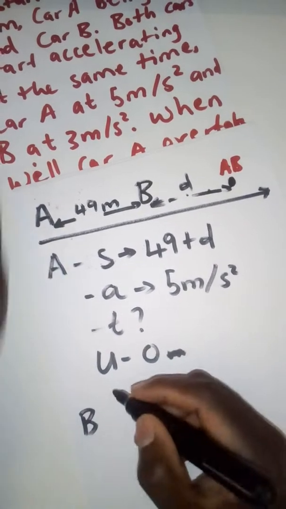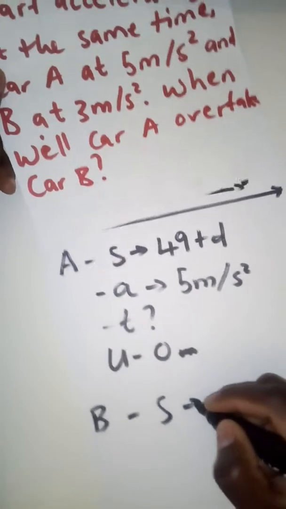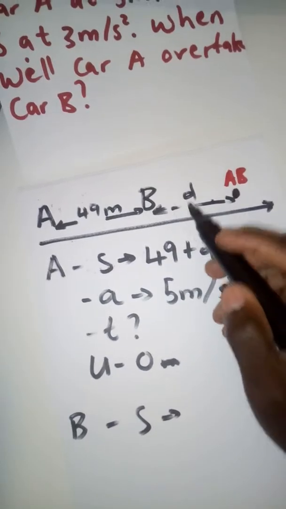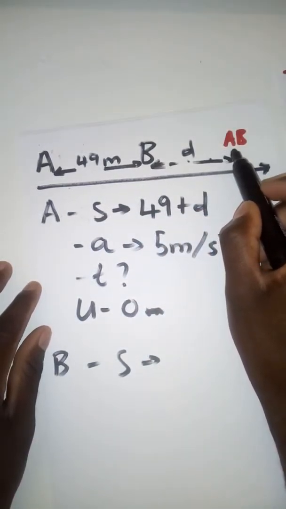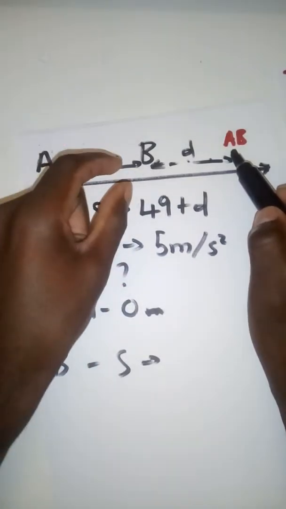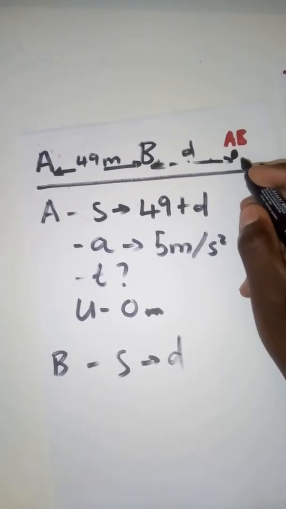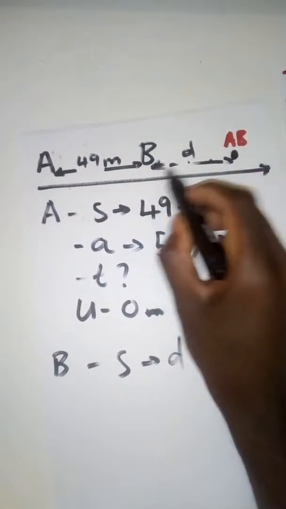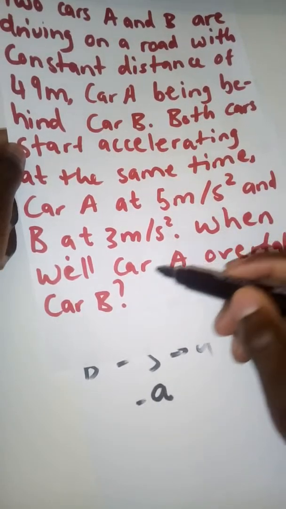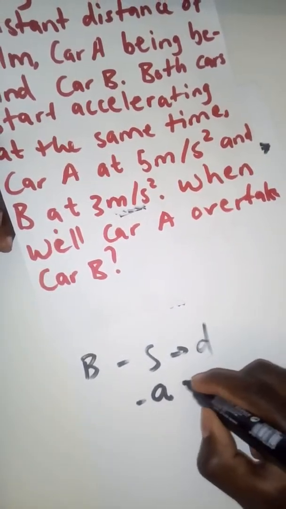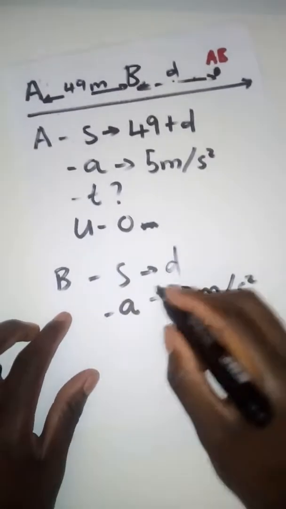For car B, the displacement is the distance between the point where car B will be overtaken and B, which is D. And our acceleration given from the problem is 3 meters per square second. Do we know T?